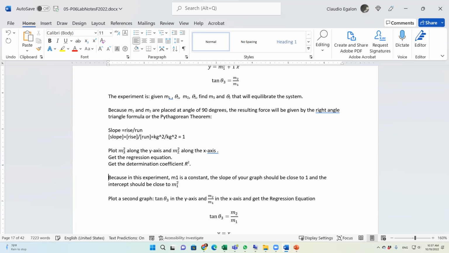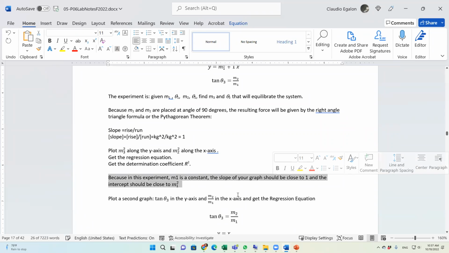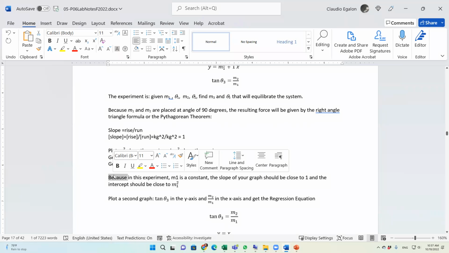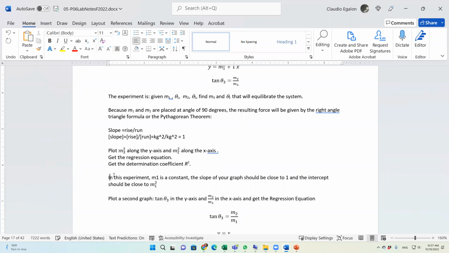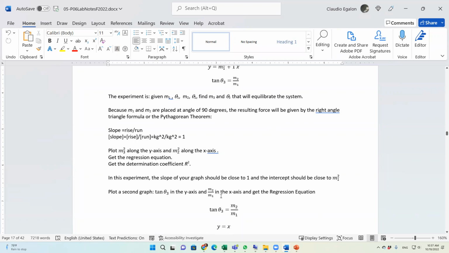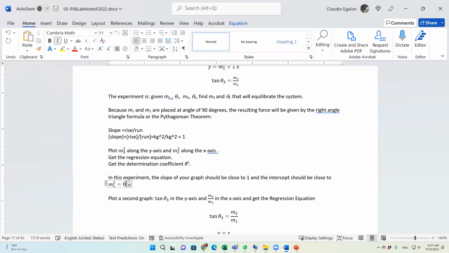Because in this experiment M1 is a constant, the slope of your graph should be close to 1, and the intercept should be close to M1 square. M1 square is what? This 0.3 square, right? 0.3 square is 0.09.